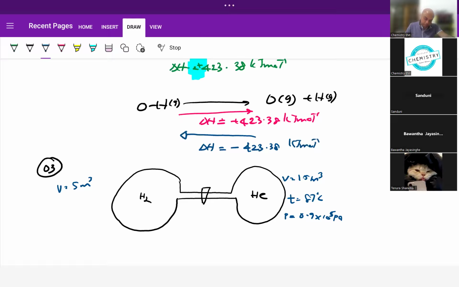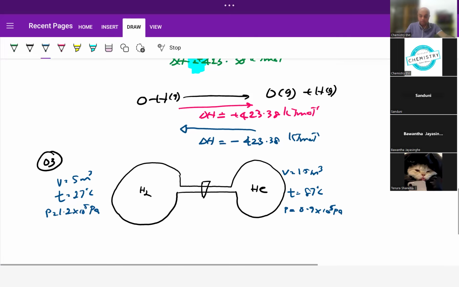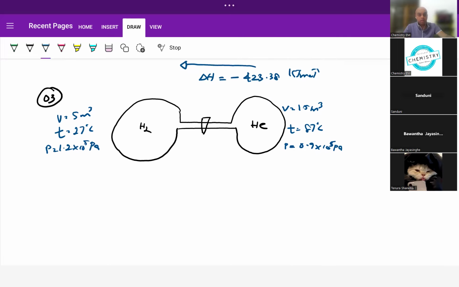5 cubic meters. Temperature is 27 degrees Celsius. Pressure is 1.2 into 10 to the power 5 pascals. Then I'm going to do this one.